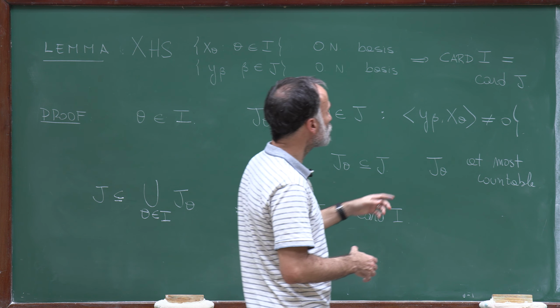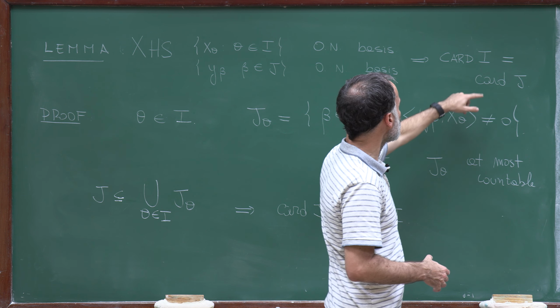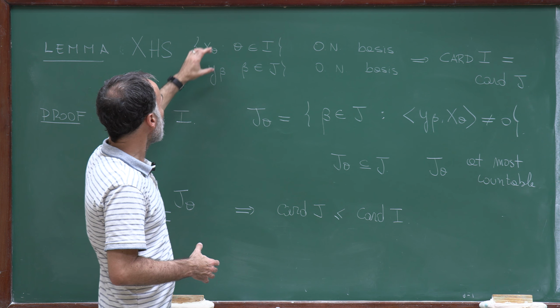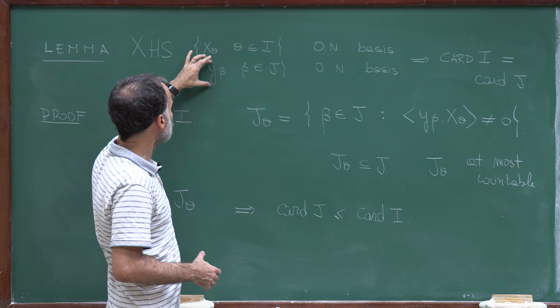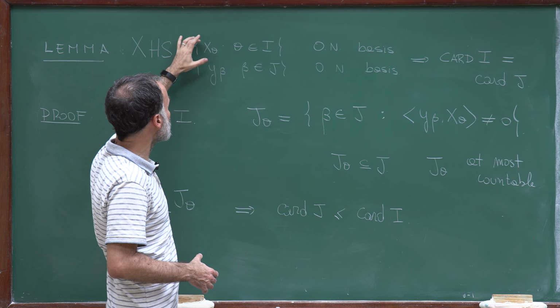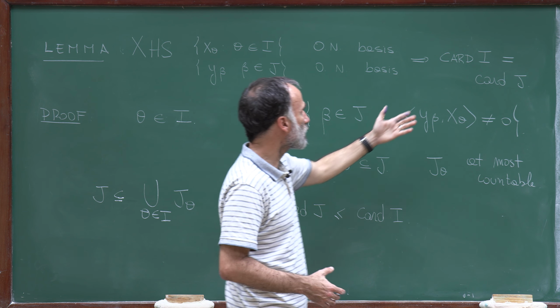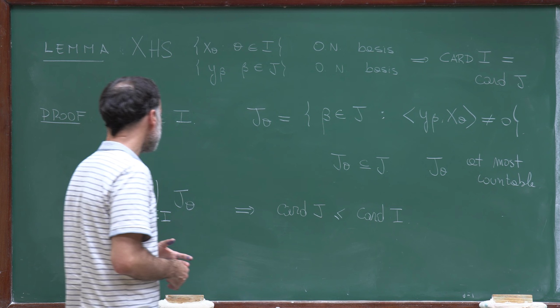What I want to prove is that the cardinality of this set is equal to the cardinality of the other set, which means that if this set is finite, then this set is also finite and they have the same number of elements, while if they are infinite, their cardinalities are equal.